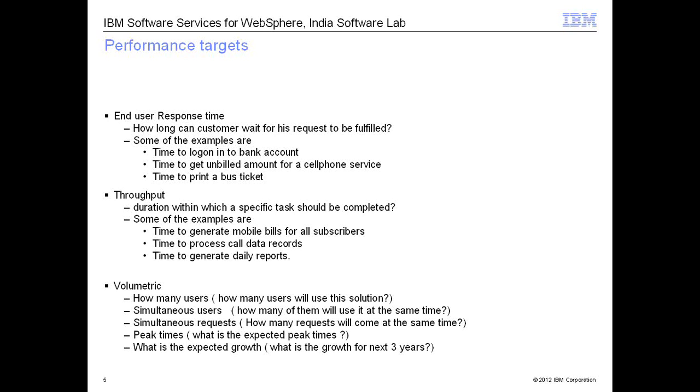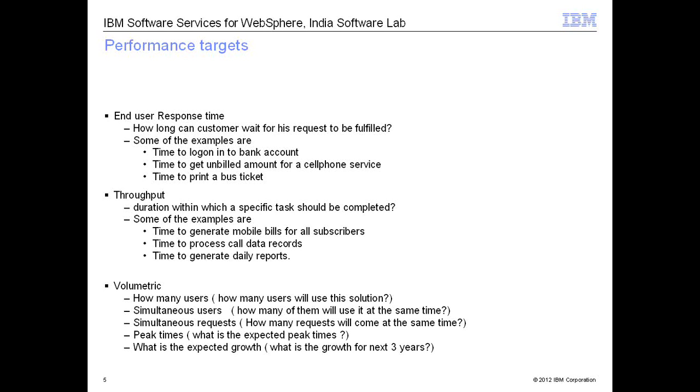Now what is the third major one? The third major one is volumetric. Volumetric provides context to the two targets we talked about, which are response time and throughput. So when we say a response time of 3 seconds, we click a button and it should take only 3 seconds to come back with the response, what is the context in which this is relevant?